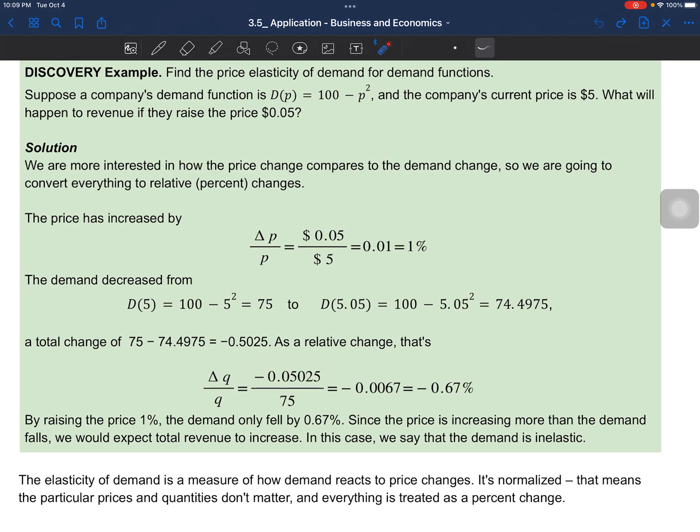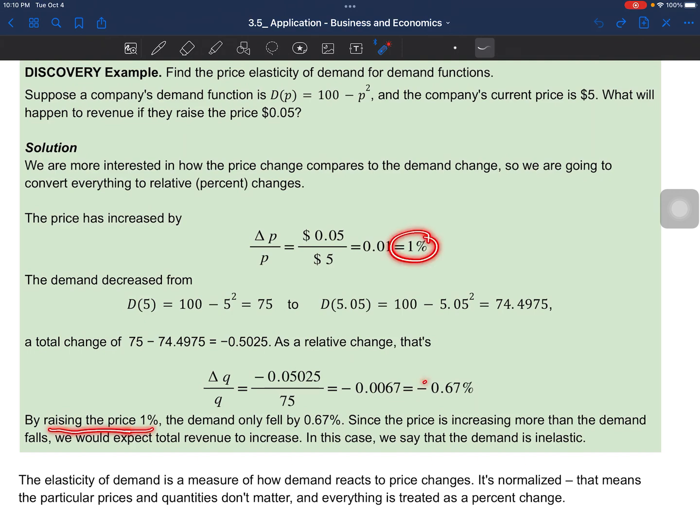So the change between those two is negative 0.5025 over the original demand of 75. That's what we call the relative change, and it gives approximately negative 0.0067, or in other words negative 0.67%. If you notice, these are very small numbers, right? 1%, this is a decimal percent, right?